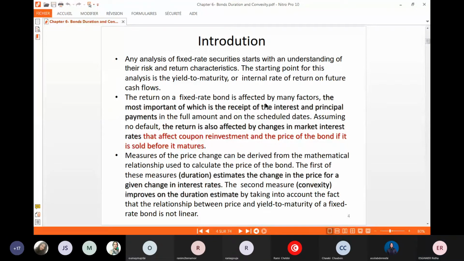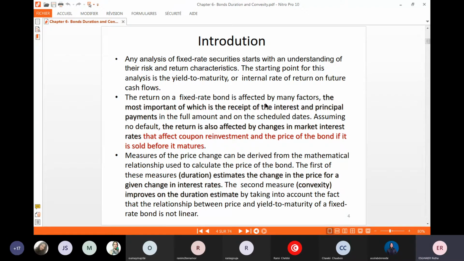But here, the return on the bond will depend, as we saw, on the different amounts to be received by the bondholder, the coupon and the par value. But this return will depend also on an important thing, the market interest rate.